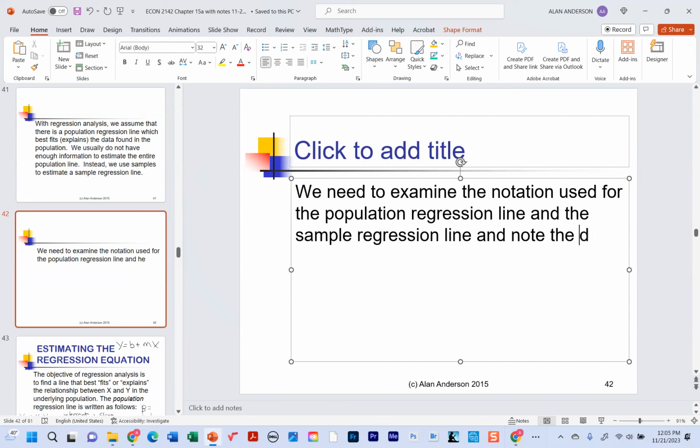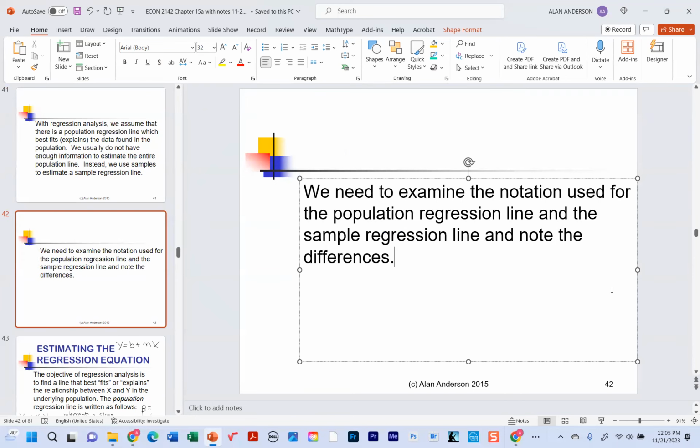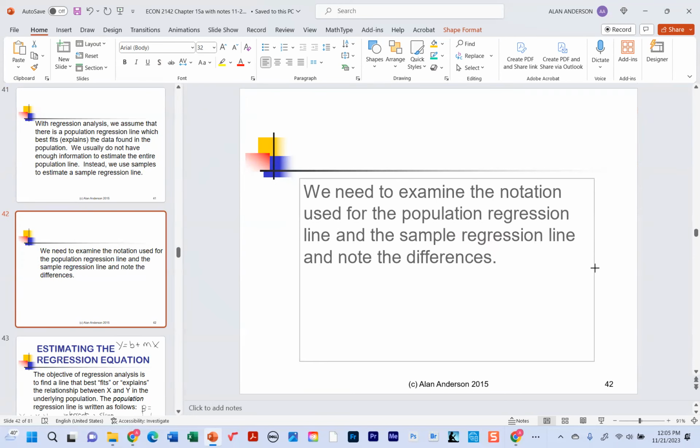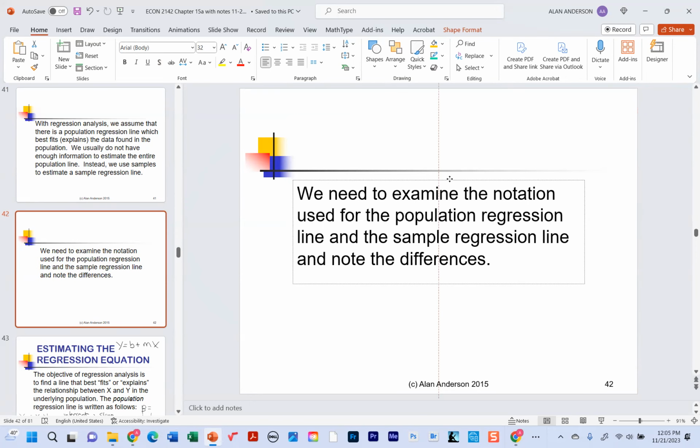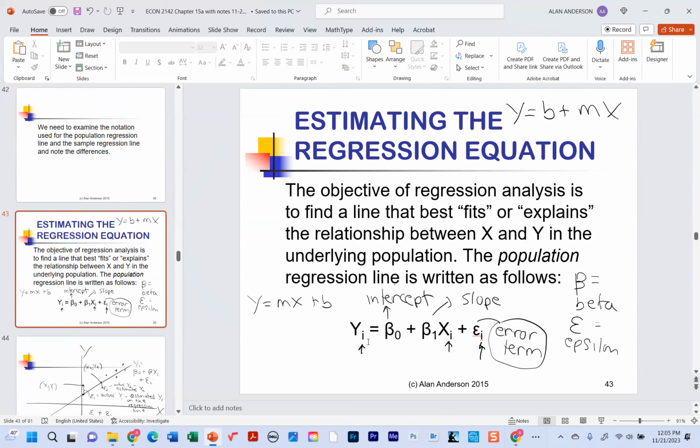And note the differences. Okay, so here we go. We're going to start by introducing the population regression line. And if you recall, by convention, we'll use Greek letters here because it's a population measure.